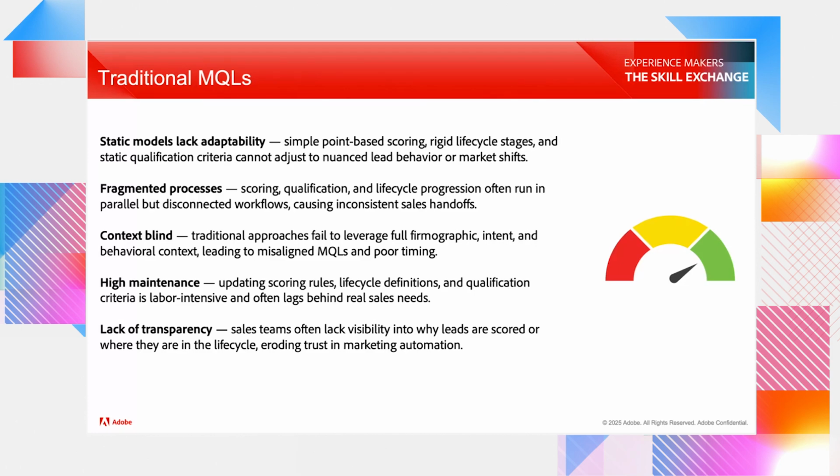Every time your strategy changes, new markets, new products, you need someone to manually rewrite the scoring rules and adjust lifecycle definitions. It's slow, it's tedious, and it's prone to delay. And finally, there's also the lack of transparency. Sales teams often don't know why a lead has been marked as an MQL or its history in the lifecycle, and that lack of visibility damages trust and hurts alignment.